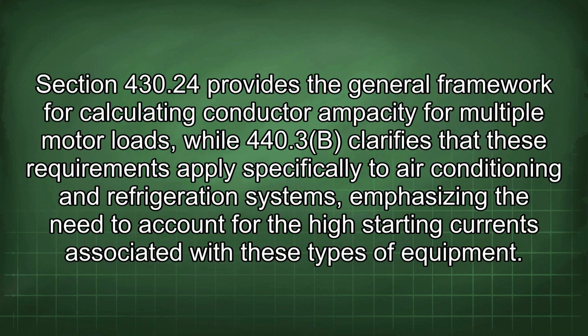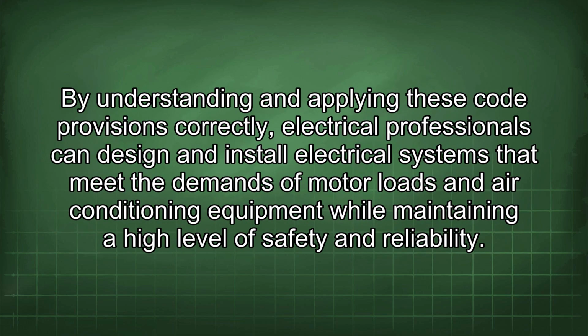Section 430.24 provides the general framework for calculating conductor ampacity for multiple motor loads, while 440.3(B) clarifies that these requirements apply specifically to air conditioning and refrigeration systems, emphasizing the need to account for the high starting currents associated with these types of equipment. By understanding and applying these code provisions correctly, electrical professionals can design and install electrical systems that meet the demands of motor loads and air conditioning equipment while maintaining a high level of safety and reliability.